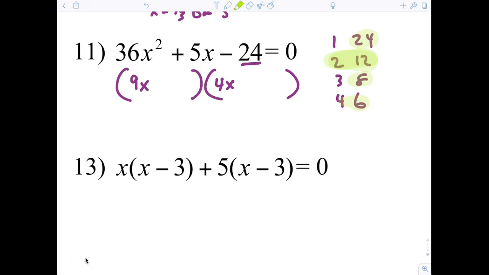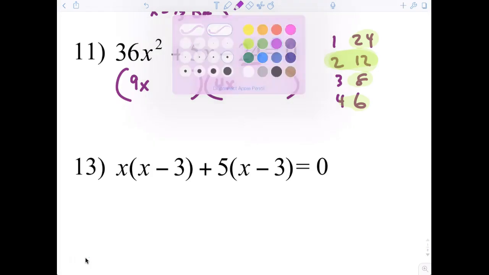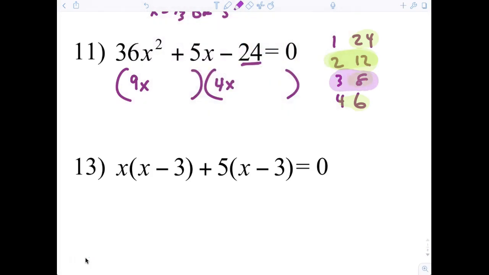So the only one I would possibly think to try would be the 8 and the 3. Where does the 8 have to go? First, because there's no common factor with 9. Where does the 3 have to go? Second.